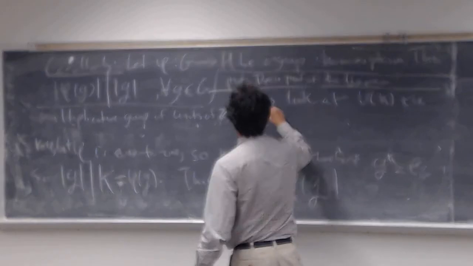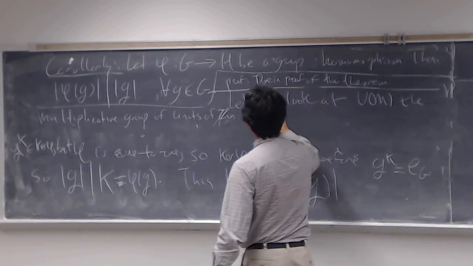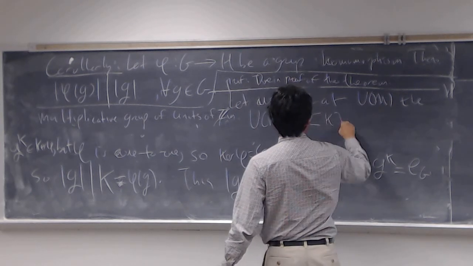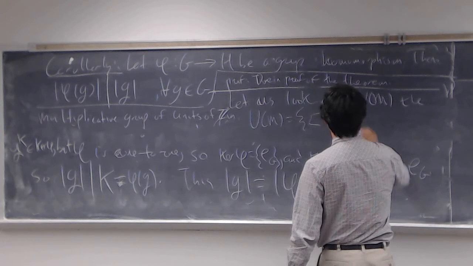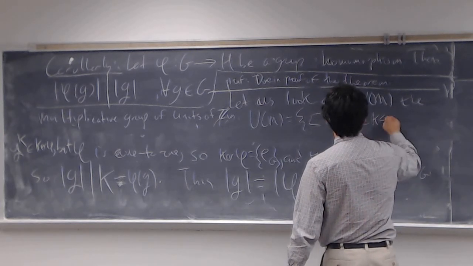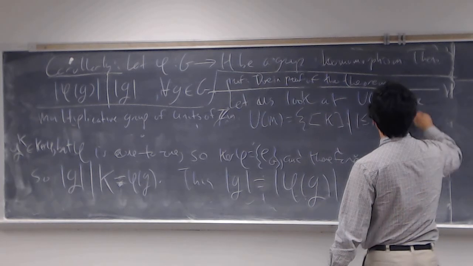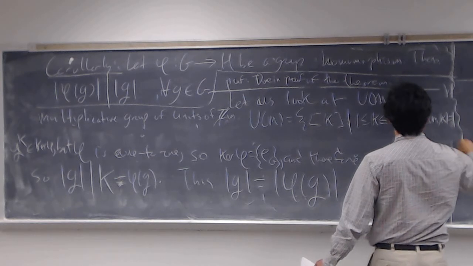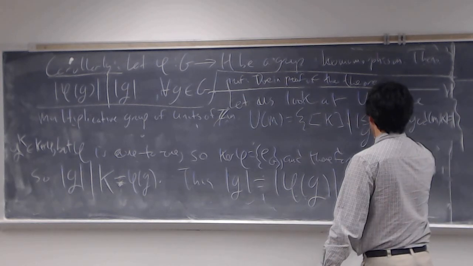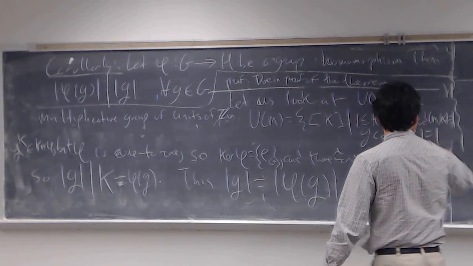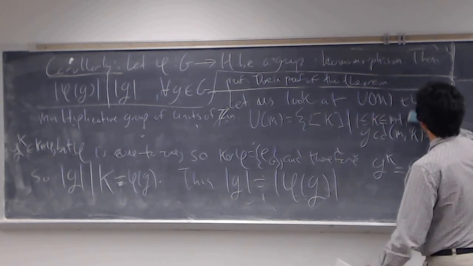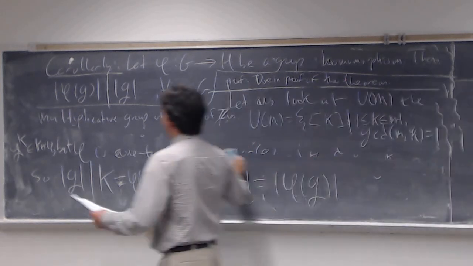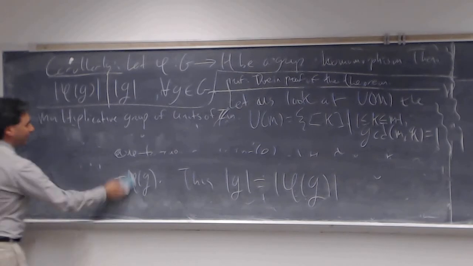We're going to recall what U_m was. U_m was just all integers k, not from 1 to m, but integers k between 1 and m minus 1, and the important part, the GCD of m and k had to be 1, under multiplication of cosets, or equivalence classes, of the integers mod n.